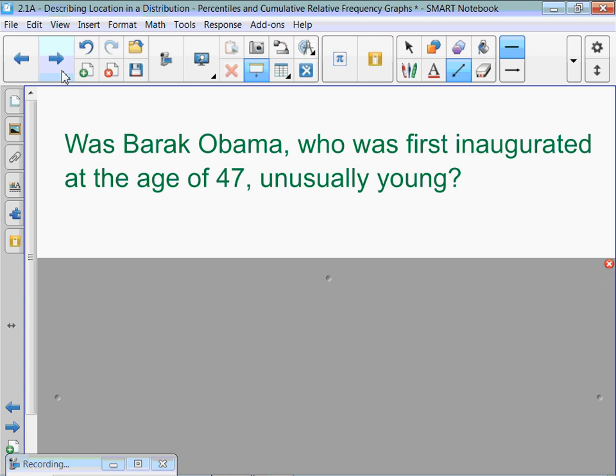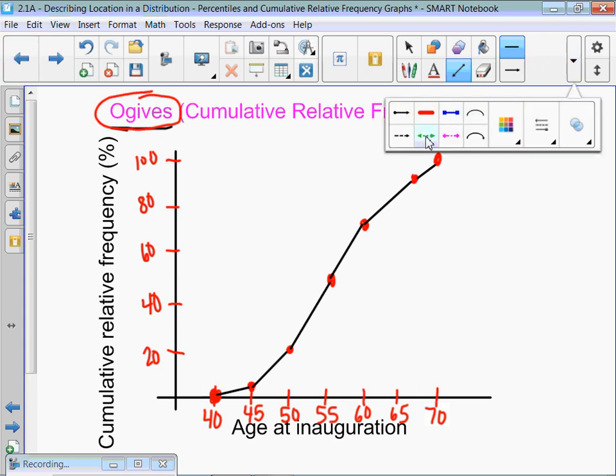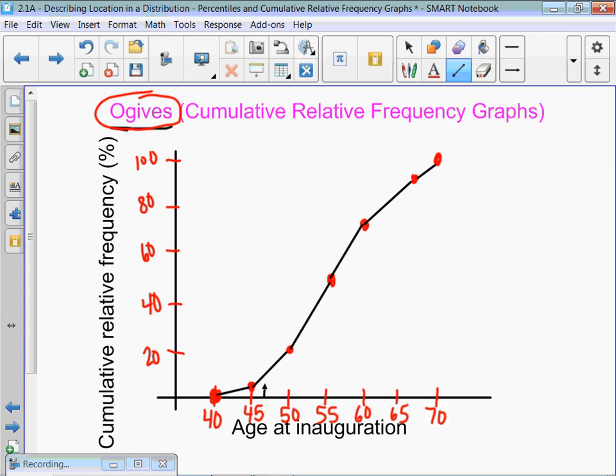So, was Barack Obama, who was first inaugurated at the age of 47, unusually young? So we're going to go to our graph. Okay, and I want to know 47 is about what percentile? So, you got to make a line. 47 is about right here.